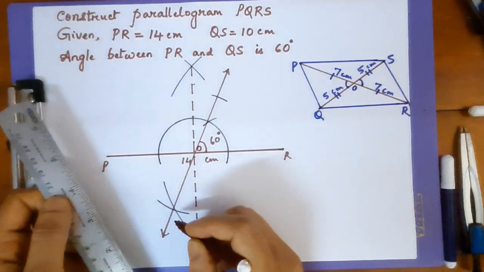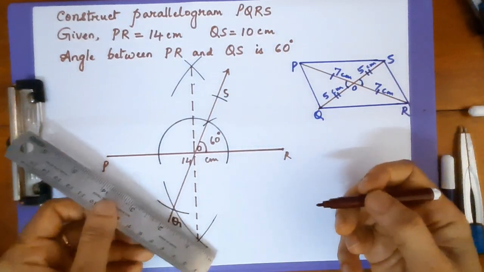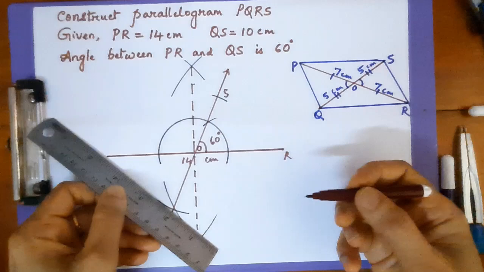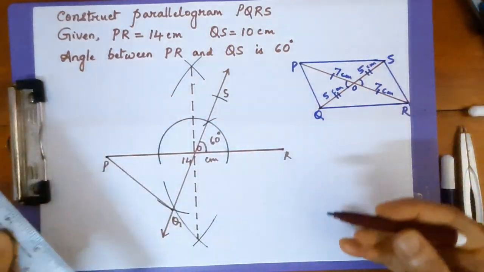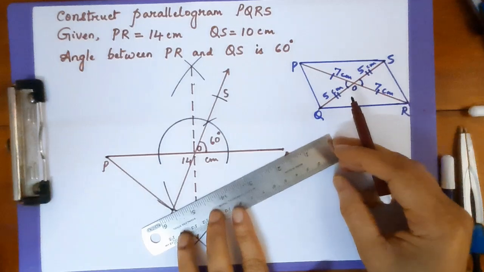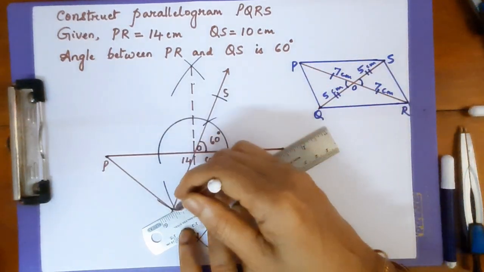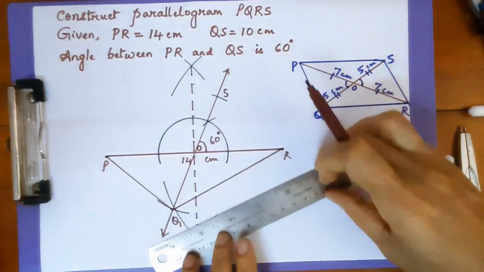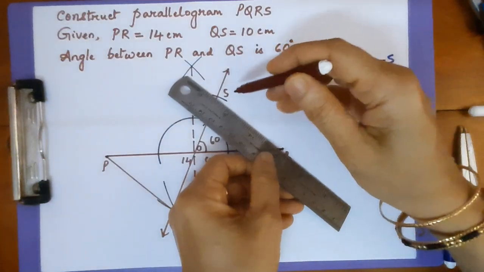So this is Q, this is S. So join the vertices PQ, QR accordingly in the sequence to obtain the parallelogram. Observe, I am not using the bisector because the bisector is not part of the parallelogram.